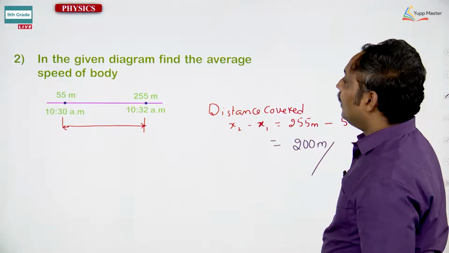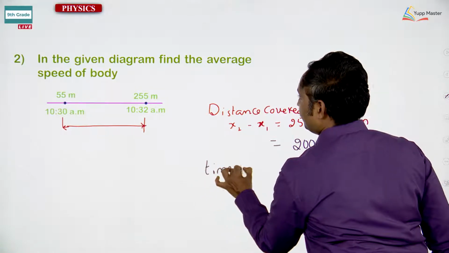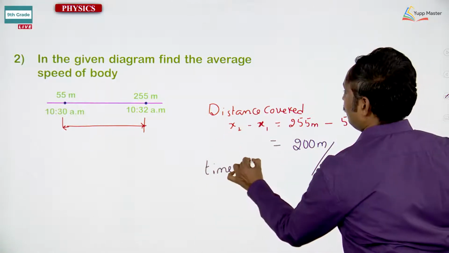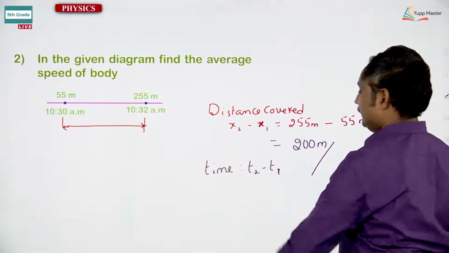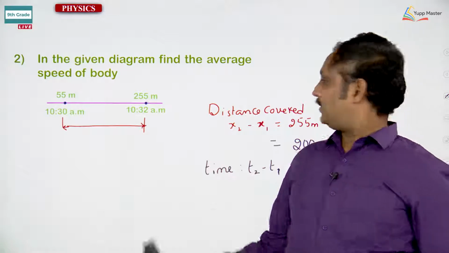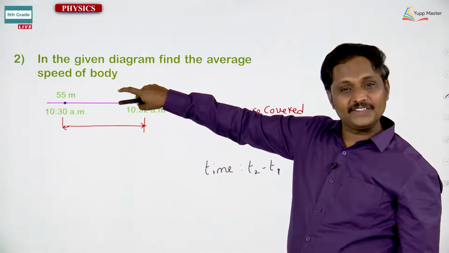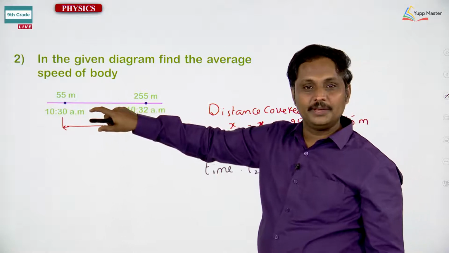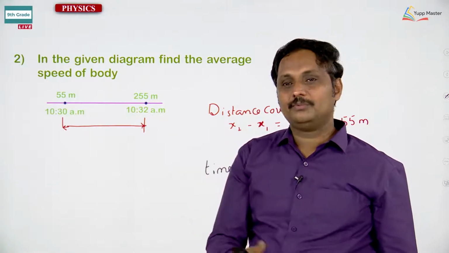It is very clear. What about the time? You need to know that time, that is t2 minus t1. Yes, the time increases. Here you should learn, as the time increases, the distance covered by the body is not going to decrease, it is not going to be negative.